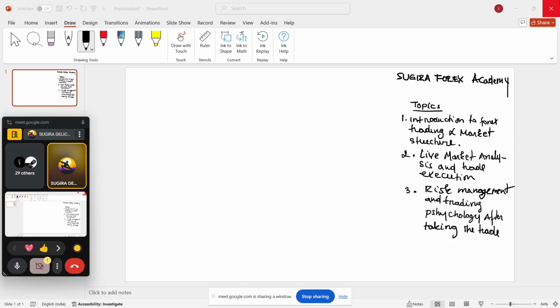Before we start, we firstly want to understand what trading is, and get a general introduction to it. What do we do in trading? What do you need to call yourself a forex trader in general?